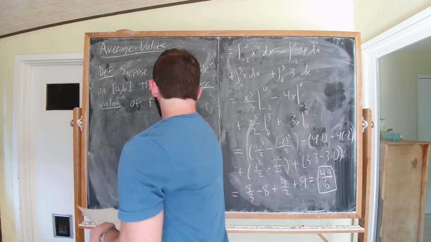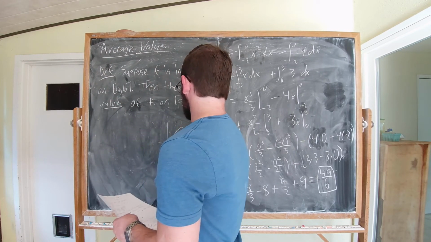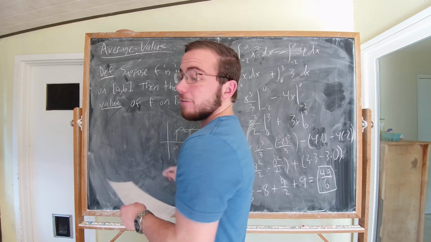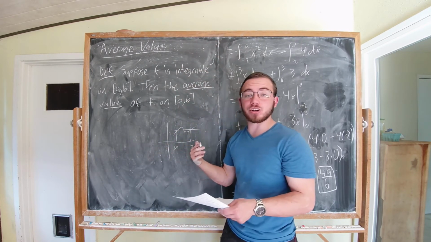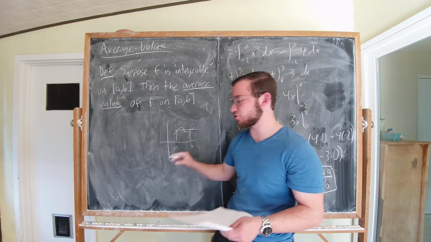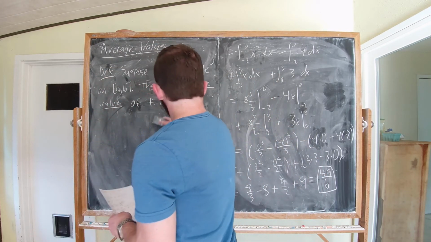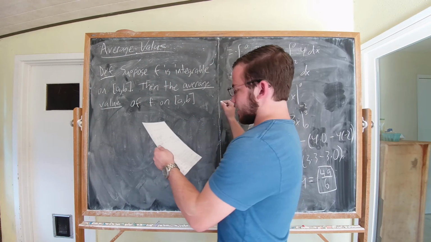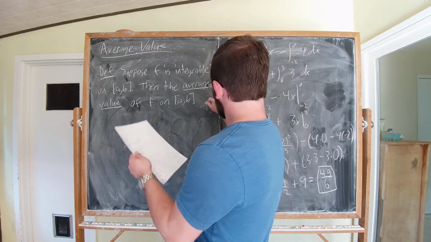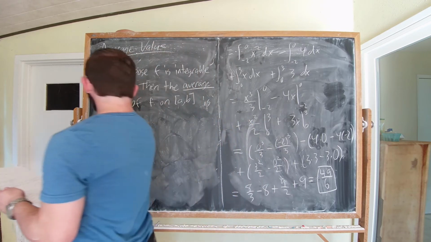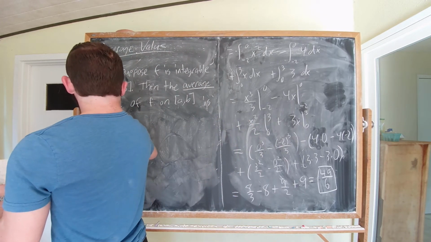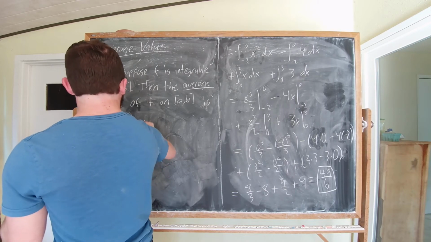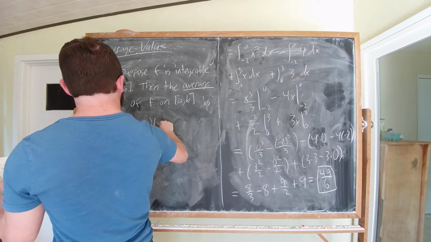It's saying, hey, if you have a function on a region, what's the average value of that function on that region? This being the average. The average value is 1 divided by b minus a times the integral from a to b of f of x dx.